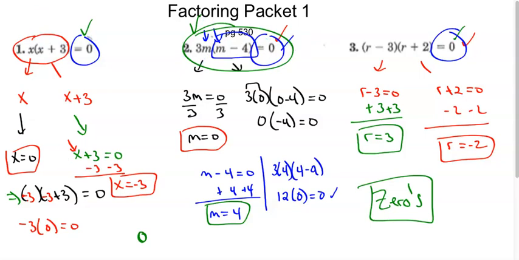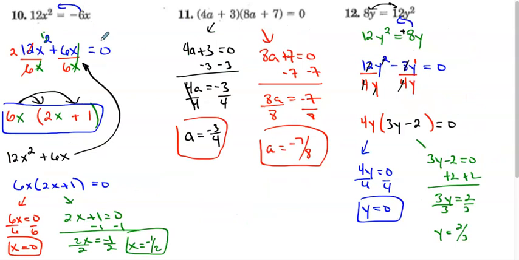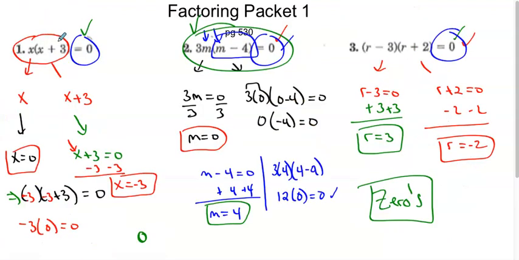So this is finding the zeros in factored form, setting each factor equal to 0, solving for it, and currently you're getting 2 factors that will make this whole function equal to 0. You can have more depending on the function, but in this, all these are quadratics.